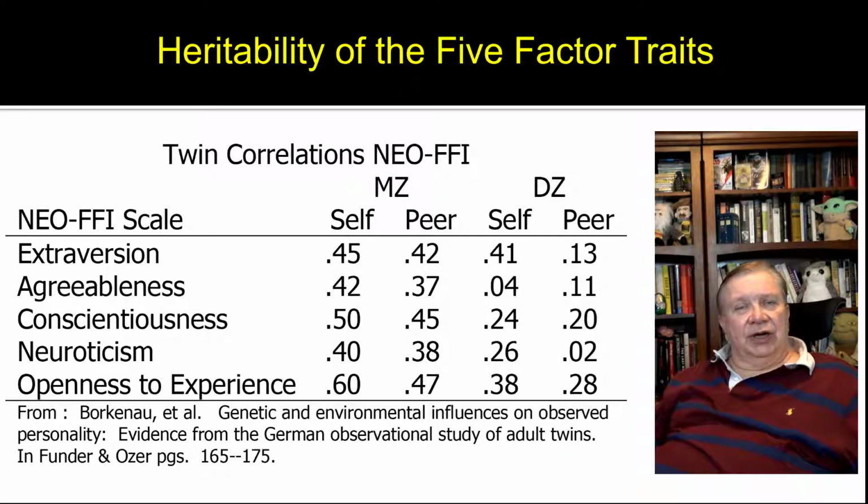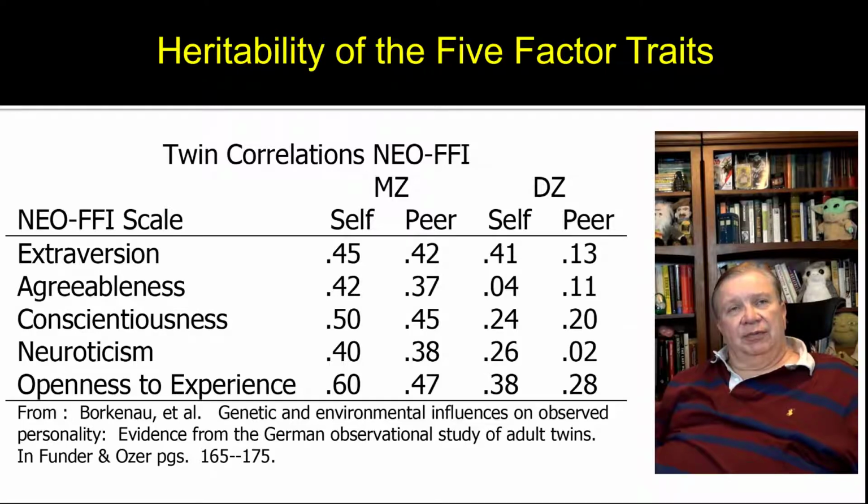Now, Borkenau, a German personality psychologist, collected data on twins with his colleagues, and they looked at the differences between monozygotic and dizygotic twins. The difference with their study is they added in the notion of collecting peer reports on each twin pair.